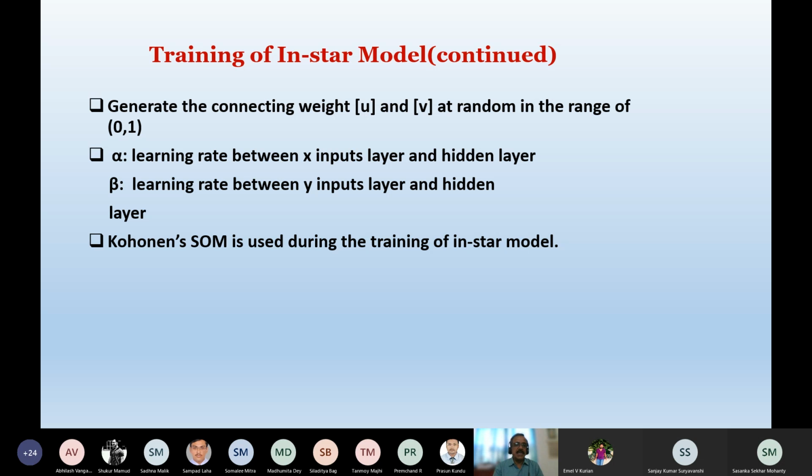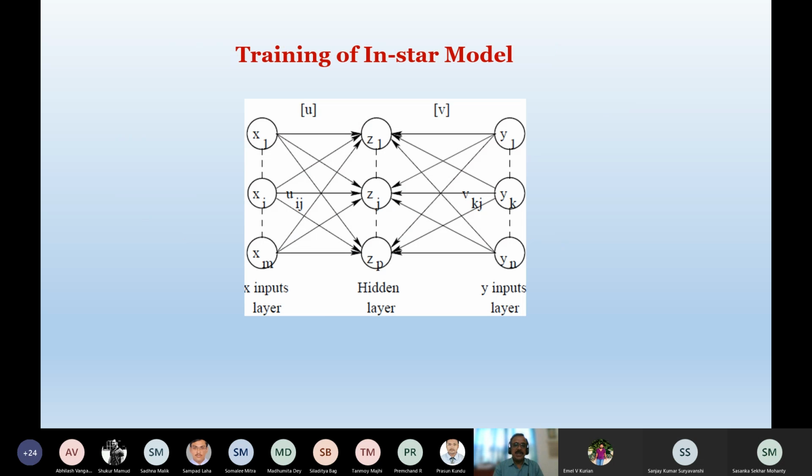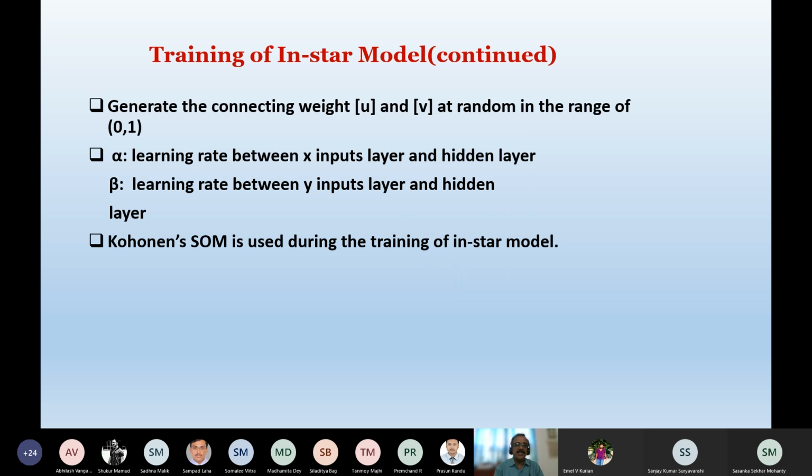U is the connecting weight between the X input layer and the hidden layer, and V is the connecting weight between the Y input layer and the hidden layer. Initially, U and V values are generated at random using a random number generator, and these values will lie between 0 and 1.